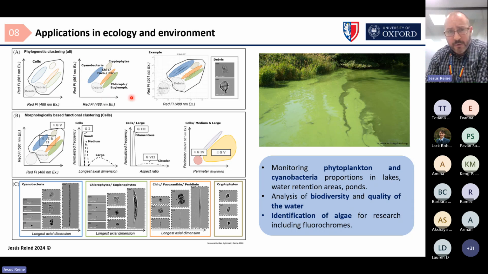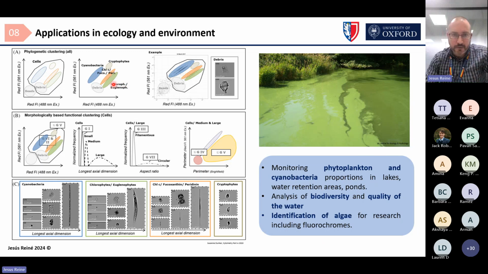So when we talk about the fluorescence that some cells can have as autofluorescence, most of these organisms, like different cyanobacteria or phytoplankton, have different molecules inside that emit a signal when they're excited.